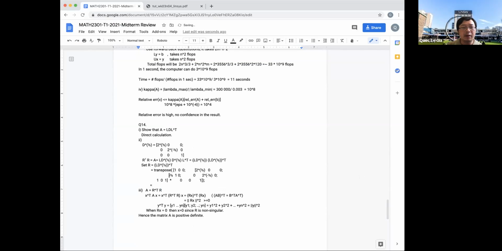Then you get the matrix: square root 2, 1 over square root 2, and root 2.